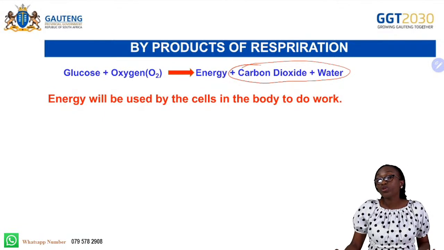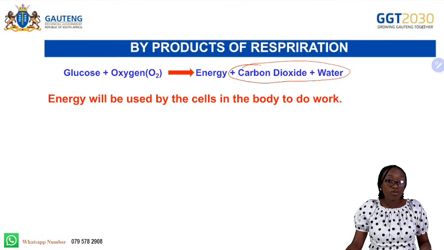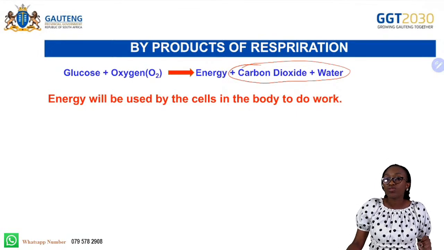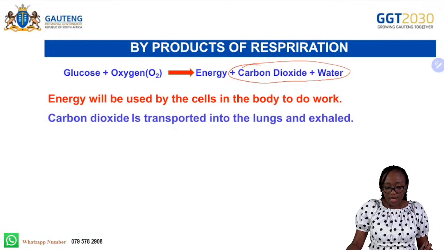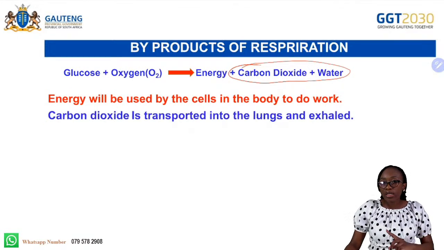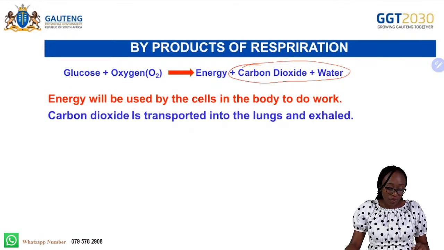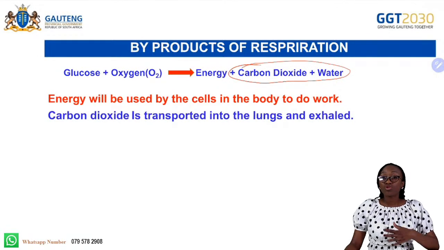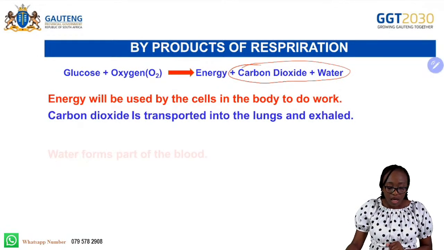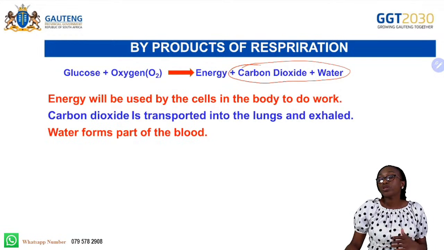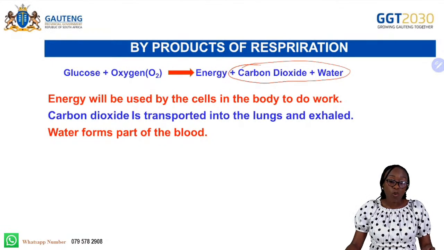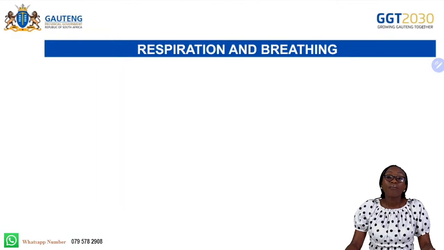The energy will be used by the cells to do work. Carbon dioxide, byproduct number one, is transported to the lungs and exhaled. And water is going to form part of the blood. So that is what happens to the byproducts.